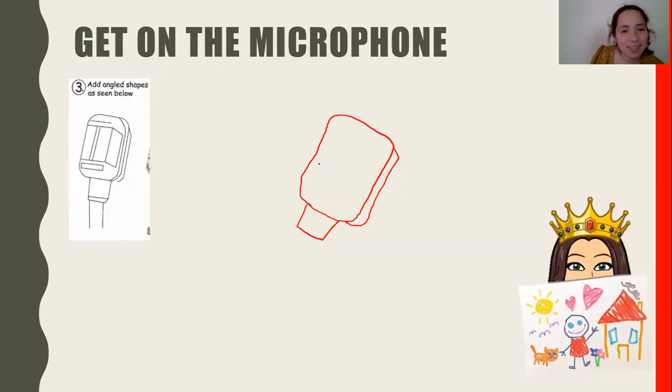Another square here. So I think they add a line here to make it 3D. And then they're gonna add another line here. So what I would do is maybe make a square here first.